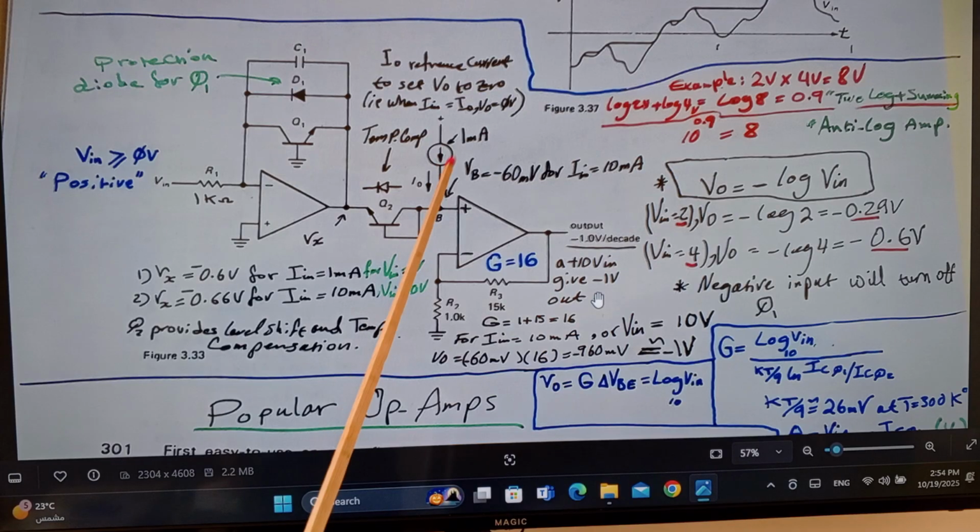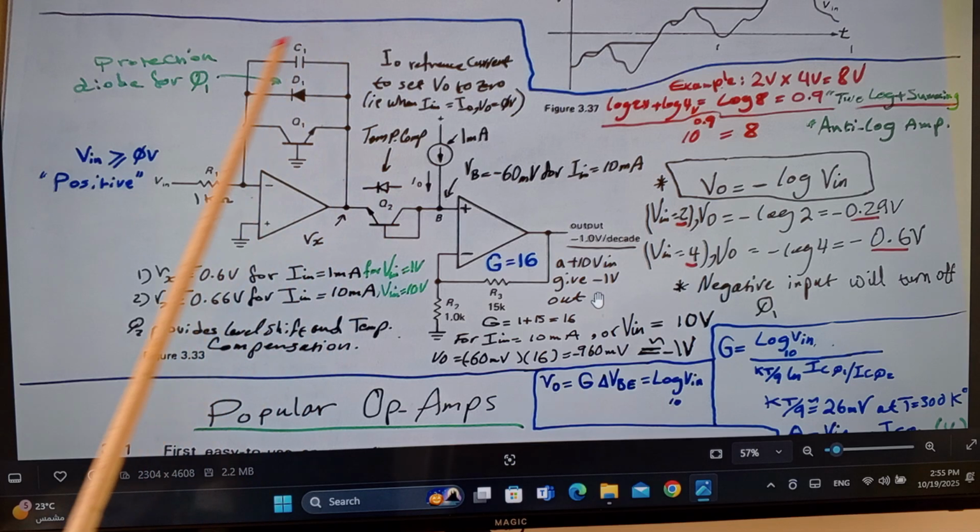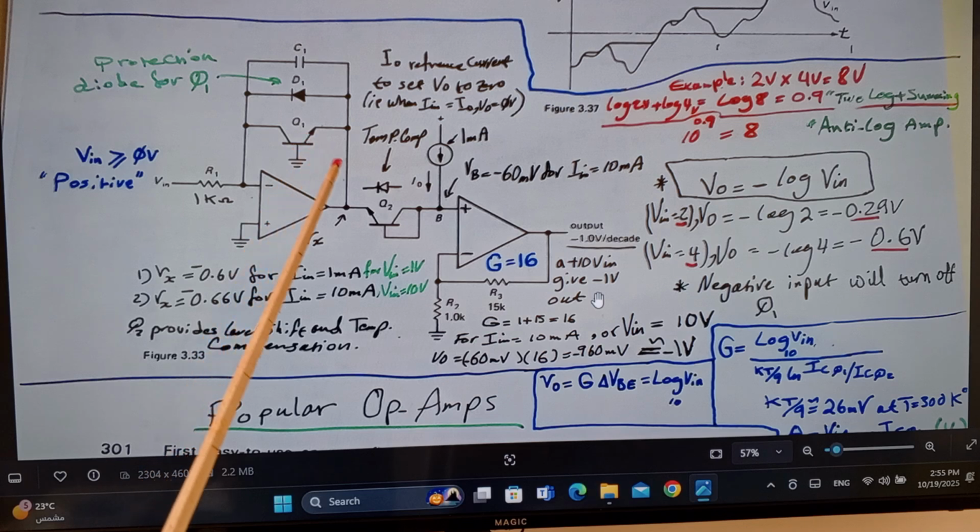So, we have in here either a resistor or a current source. So once that Vx goes down, because we increase the current, that point in here, which is the non-inverting input of this op-amp, will also go down.